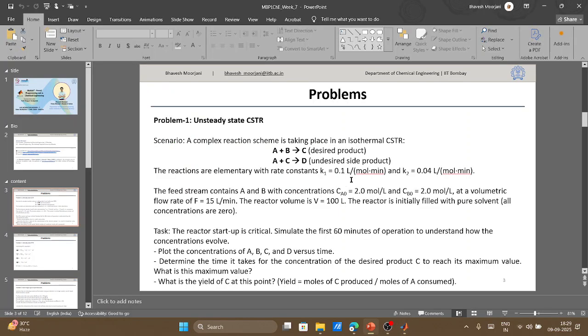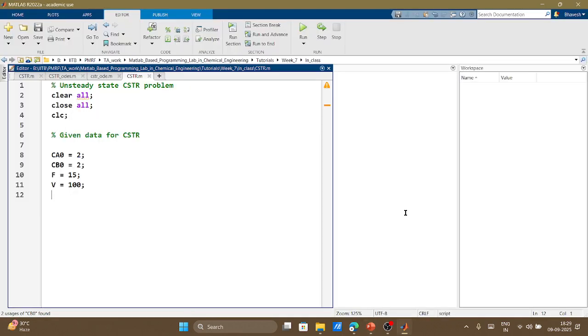liters, K1 is 0.1, K2 is 0.04, right? So this is K1, K2. I am not writing a comment, but you can put a comment here to denote the unit. Remember, it's always good practice to put comments to denote what your loop is doing.